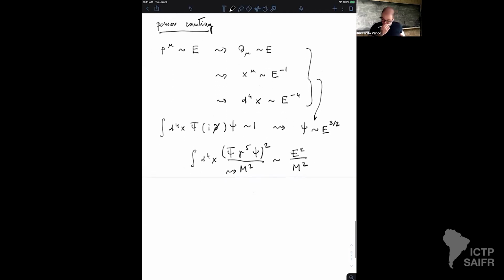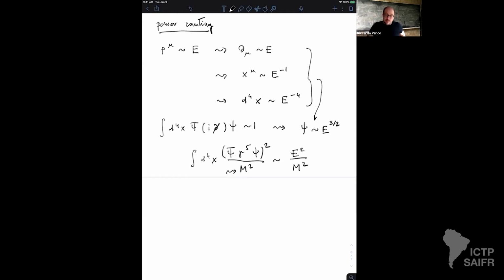But it remains the case, even in this example, that when you include a higher and higher order of derivatives or of fields when writing down a term, each of them is going to come with one power of E. And so when you look at the overall scaling of these terms, they're going to scale like higher powers of E over m.